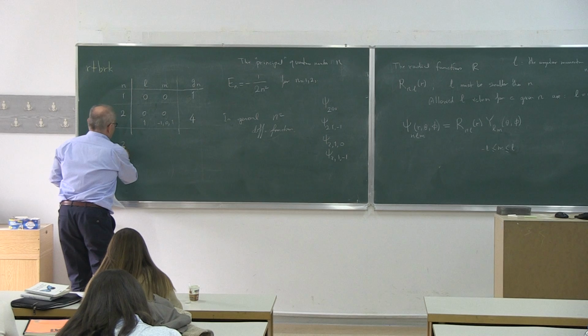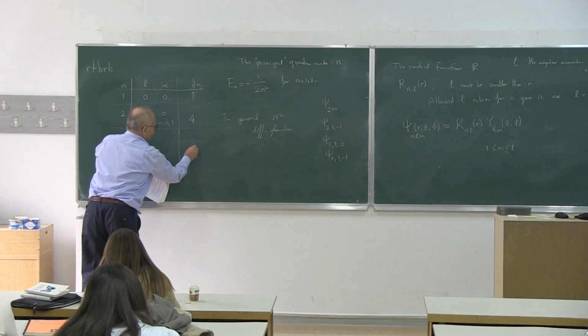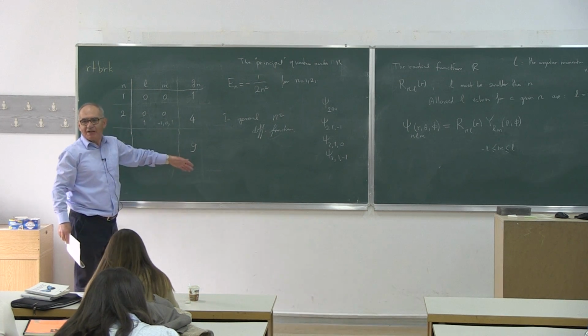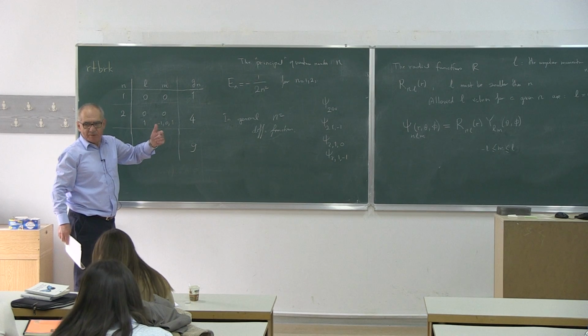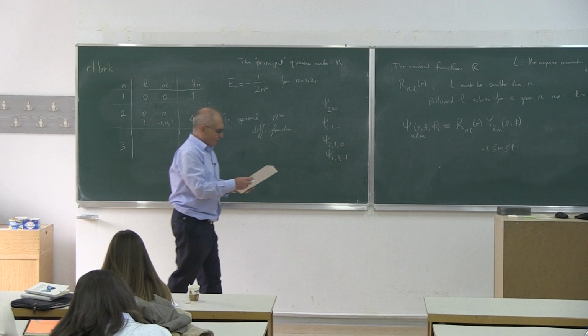So for n equals 3, we will find 9. For n equals 4, we are going to obtain 16, 4 times 4. In general, this is how it continues.